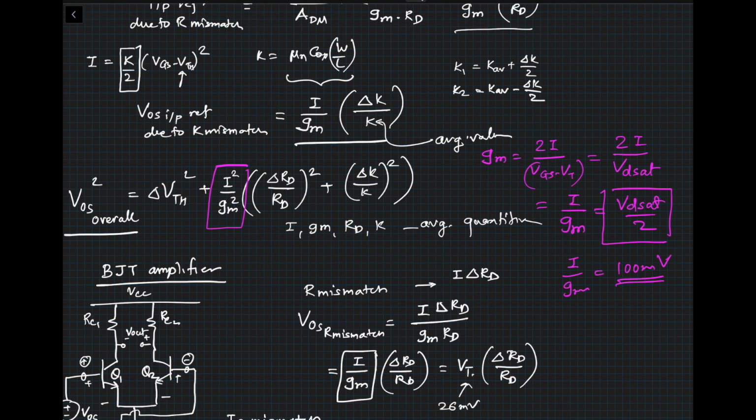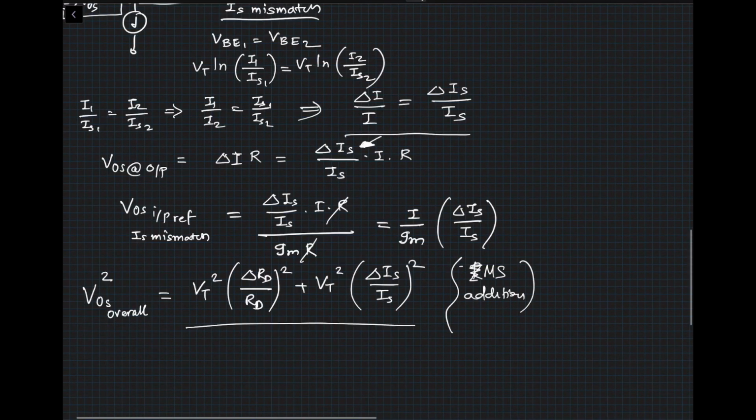In a MOSFET case, I divided by GM will be, ballpark, 100 millivolts, and in a bipolar case it's the VT, which is 26 millivolts. So obviously you can see the offset voltage in the case of BJT is much smaller as compared to a MOSFET.